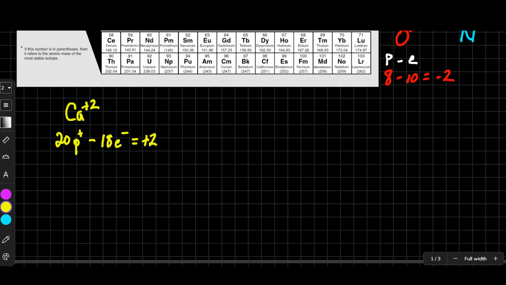What do all of their valences look like, though? So here's what I want you guys to do.